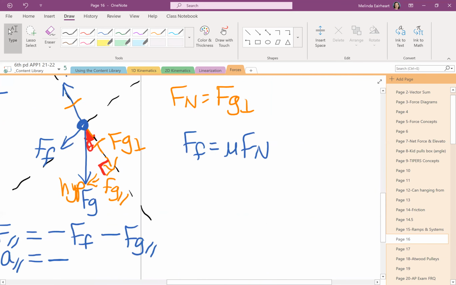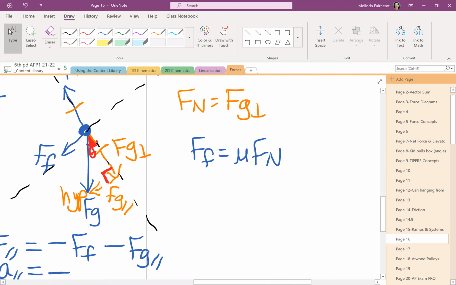Now, which mu am I going to go grab? The static or the kinetic? Kinetic. When you're accelerating, technically you're moving, right? And so I'm going to use the kinetic version of everything. And so mu Fn. Well, hold up. Fn, does it equal the weight? Not on a ramp. Fn equals Fgy, or Fg perpendicular.